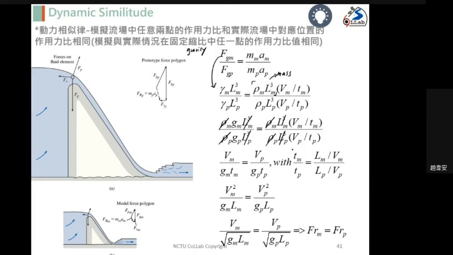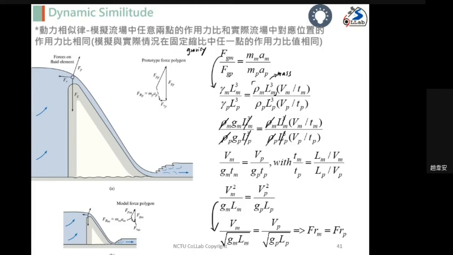And we also know that Tm divided by Tp is equal to the ratio between Lm divided by Vm and Lp divided by Vp. So we rearrange the equation and finally we get the final balance equation. If you take a look, this parameter is totally the same as the Froude number.